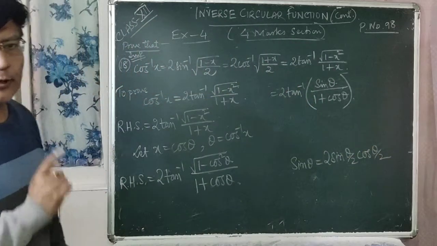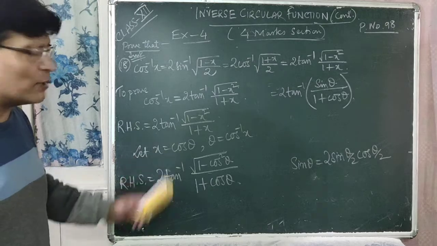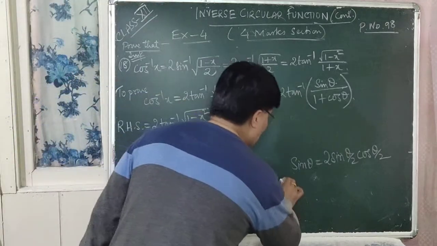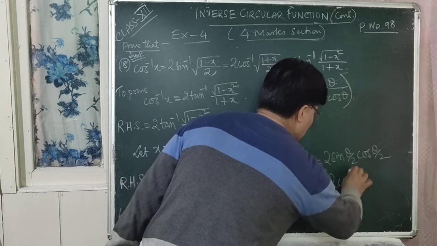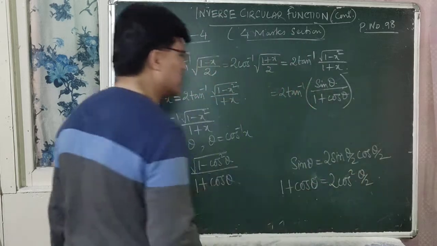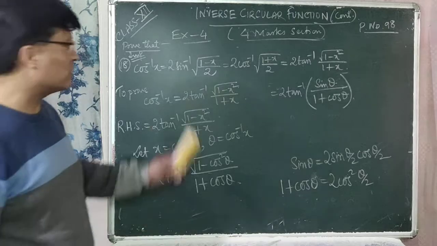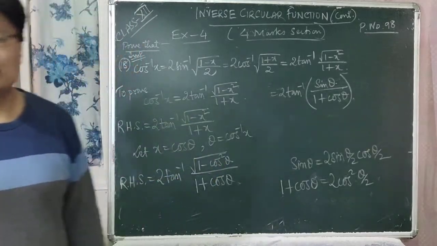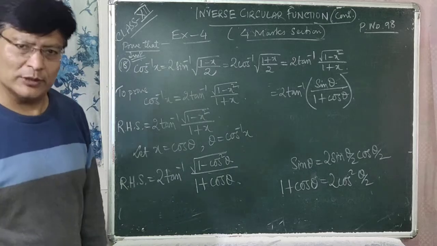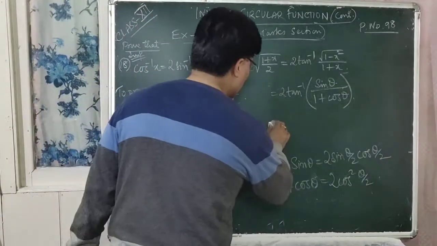This formula is from trigonometry, that is submultiple angle, right? And also you know that 1 plus cos theta is equal to 2 cos square theta by 2. Just now we did this formula, isn't it? Is it clear?